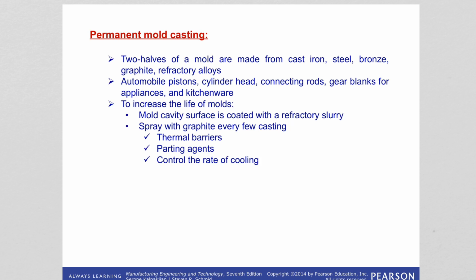Although the equipment costs are high in this process because die costs are high, the labor costs are kept low because of automation. It is not an economical process for small production runs, and it is not suitable for intricate shapes because of the difficulty of removing the casting from the mold, because you always need to think about how easy it is to remove the cast from the mold.